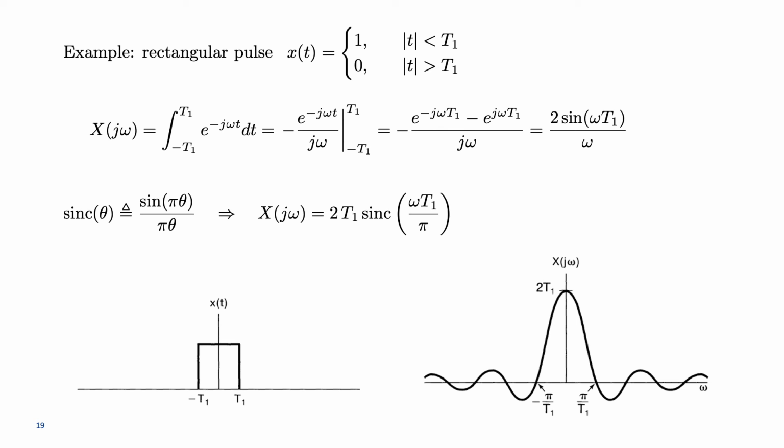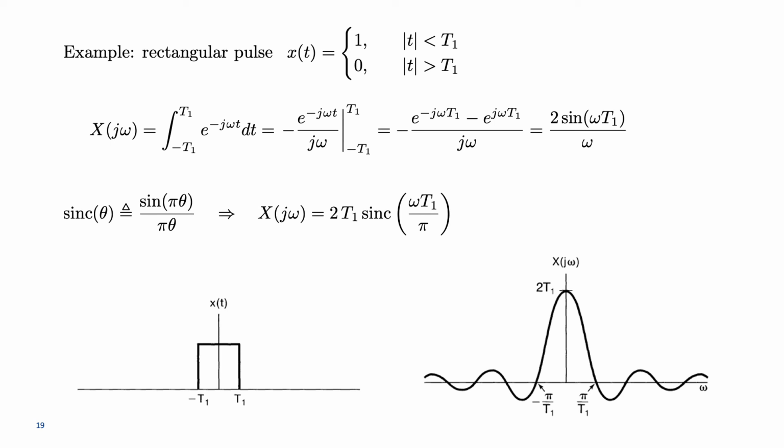The interesting thing is to observe the shape of such function, which is given at the bottom right of this slide. So the sinc function has a peak for omega equals 0. In our case, the peak is 2T1. And then it presents some oscillations. The oscillations are attenuated, so they decay in amplitude.